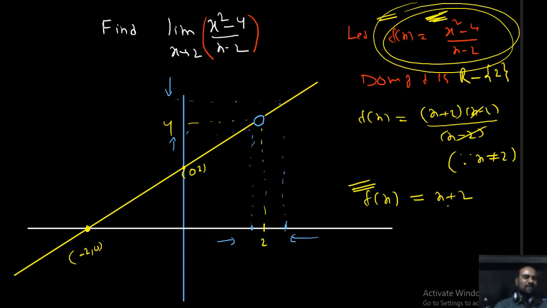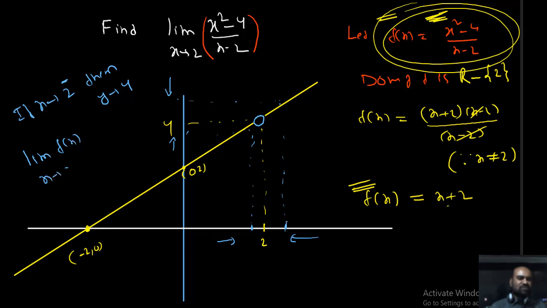I will write this symbolically. If x approaches 2 minus, then y approaches 4. Actually it approaches 4 minus, but I will just write 4. Symbolically, this can be written as the limiting value of f of x where x tends to 2 minus is 4.